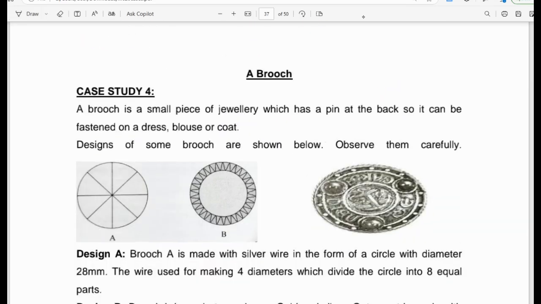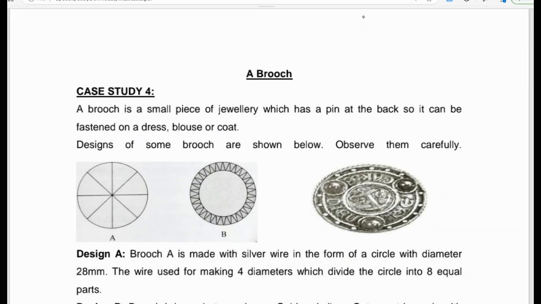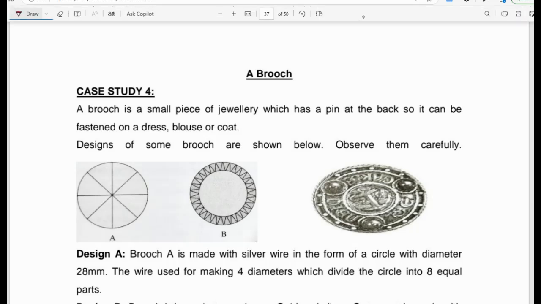Now moving on with the next question, we have a brooch. Case study 4. A brooch is a small piece of jewellery which has a pin at the back, so it can be fastened on a dress, blouse or a coat. Designs of some brooches are shown below. Observe them carefully.